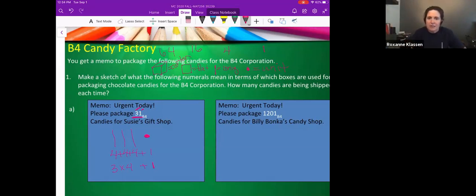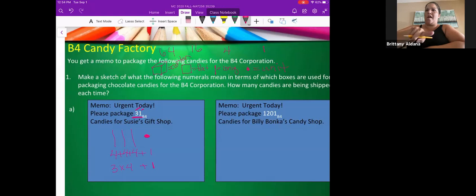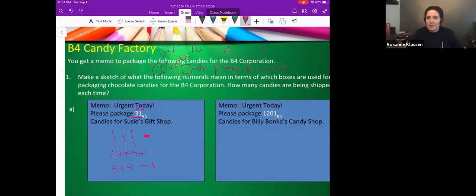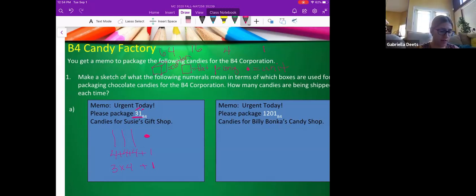Who can tell me what the picture looks like on the second memo? So Elizabeth just gave me the answer. That's awesome. You are correct. But what would my picture look like? I did 1 dot, nothing for the long because it was a 0, 2 flats, and then 1 carton.